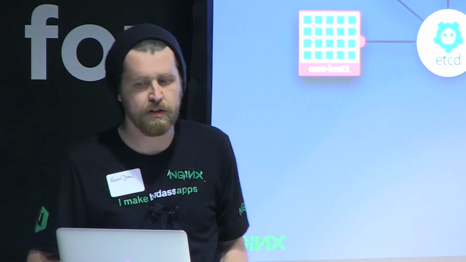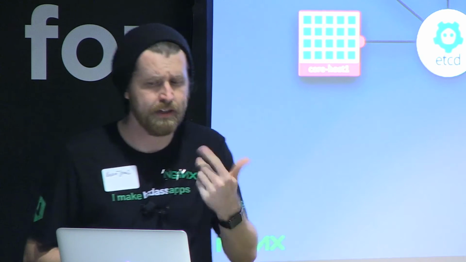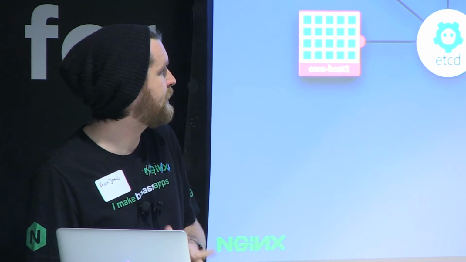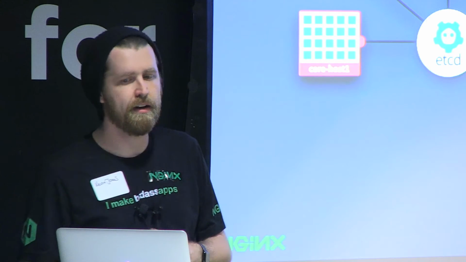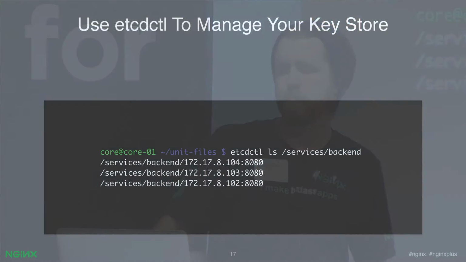And it also has a very simple interface that you can access over HTTP, or you can access it over etcdctl, which is a command line binary. It's secure, so you can do SSL client certificate authentication for it as well. And like I said before, it's very fast. It's been tested using thousands of changes per second and doesn't have any problems.